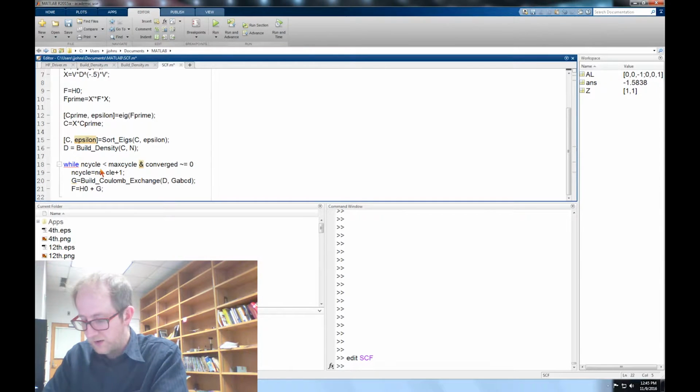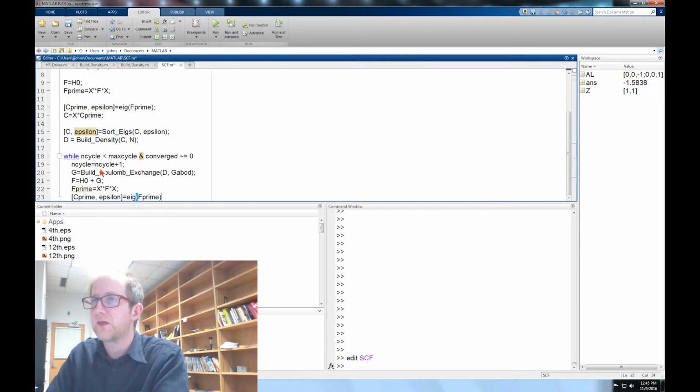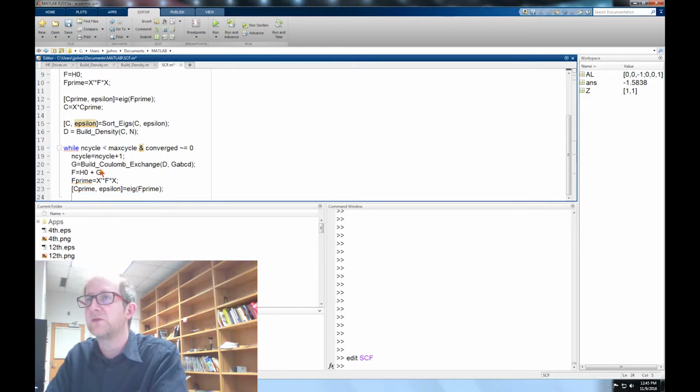Now we're going to transform that again. F prime equals X transpose times F times X. We're going to solve for those eigenvalues: C prime, epsilon equals eig F prime. Let's transform that back, so C equals X times C prime.